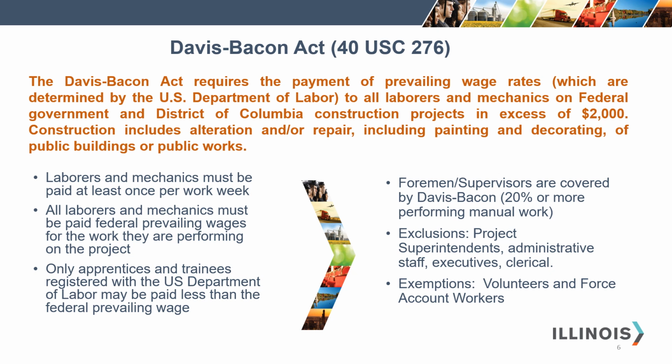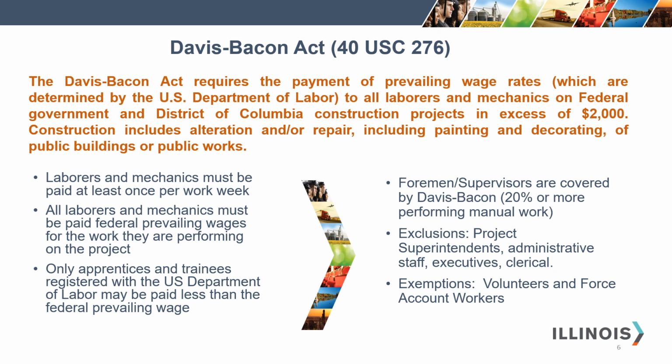The Davis-Bacon Act stipulates that laborers and mechanics must be paid at least once per week, and that they must be paid the federal prevailing wages for the work they are performing on the project. Only apprentices and trainees registered with the U.S. Department of Labor may be paid less than the prevailing wage.